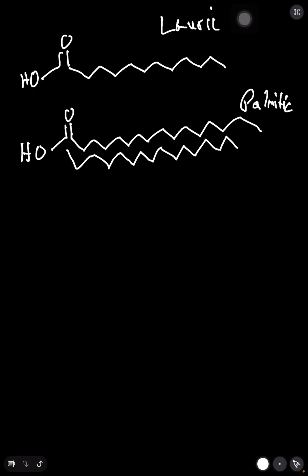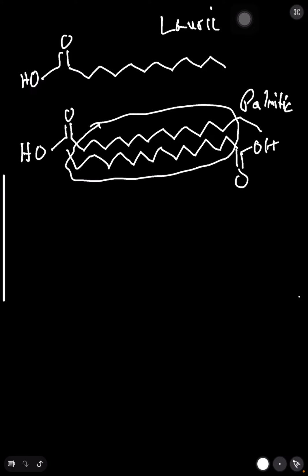I don't know if I drew the right number of carbons or not. 1, 2, 3, 4, 5, 6, 7, 8, 9, 10, 11, 12, 13, 14, 15, 16. There we go. Right? And so you see, you have this large area where both hydrophobic tails are interacting with each other through van der Waals forces.